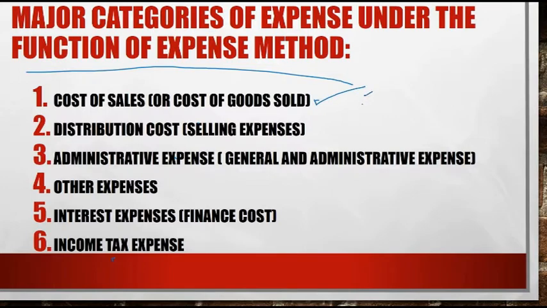Pag marami, it's note 1. Distribution cost or selling expenses, pwedeng note 2. Administrative expense, the general and administrative expense, pwedeng note 3. The other expenses, the interest expense, if meron, income tax expense, if meron.